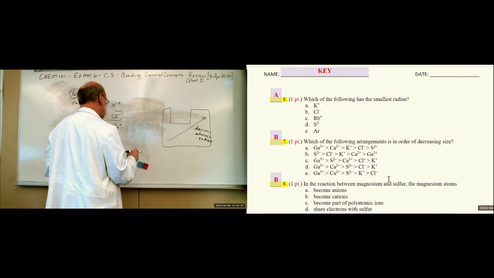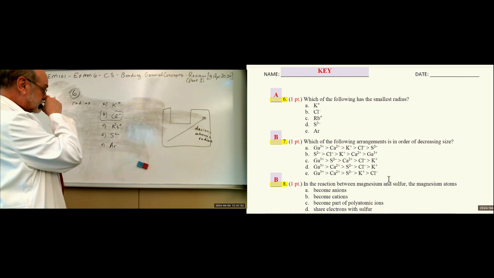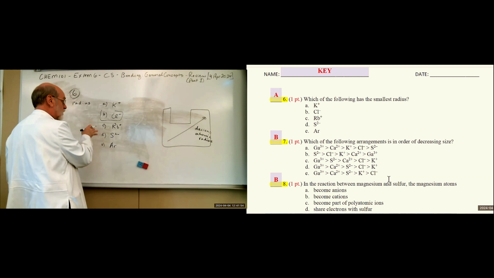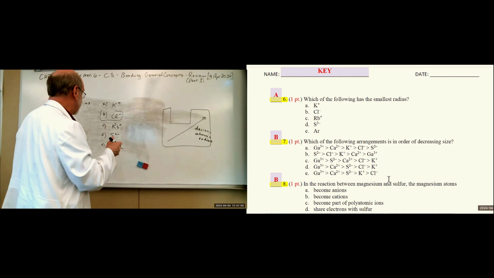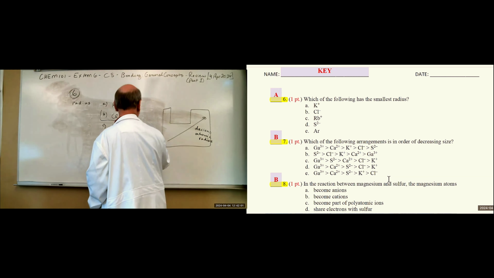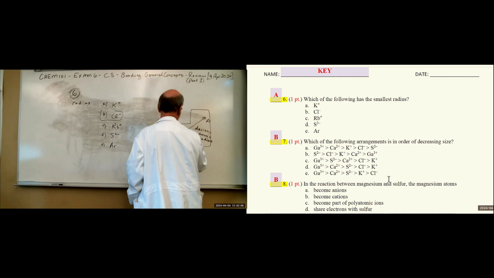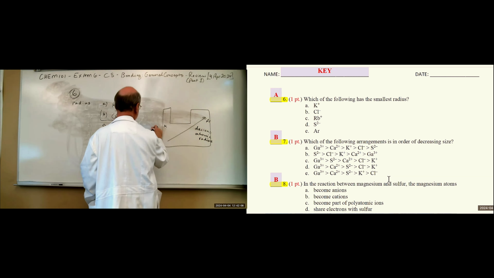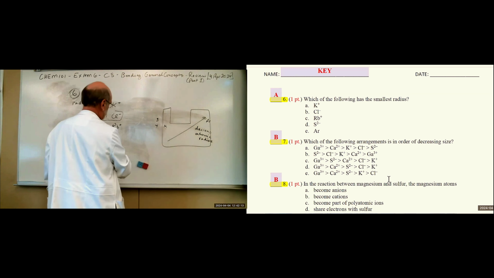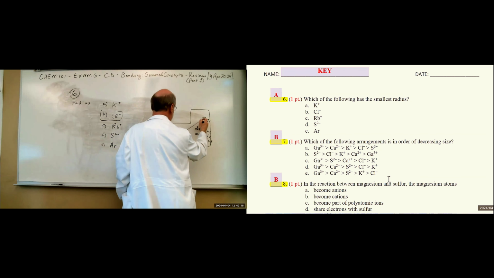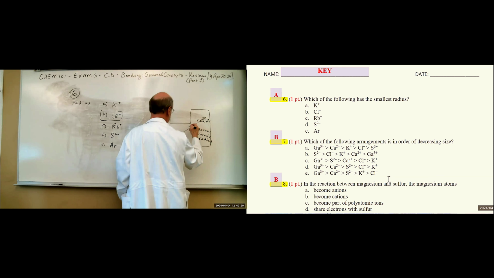So what we have to do now is say, what happens when you lose an electron? And where does the electron come from? Potassium is over here, and argon is up here. Potassium's in the 4th period, argon's in the 3rd period. Chlorine is also up there, and sulfur's right here.